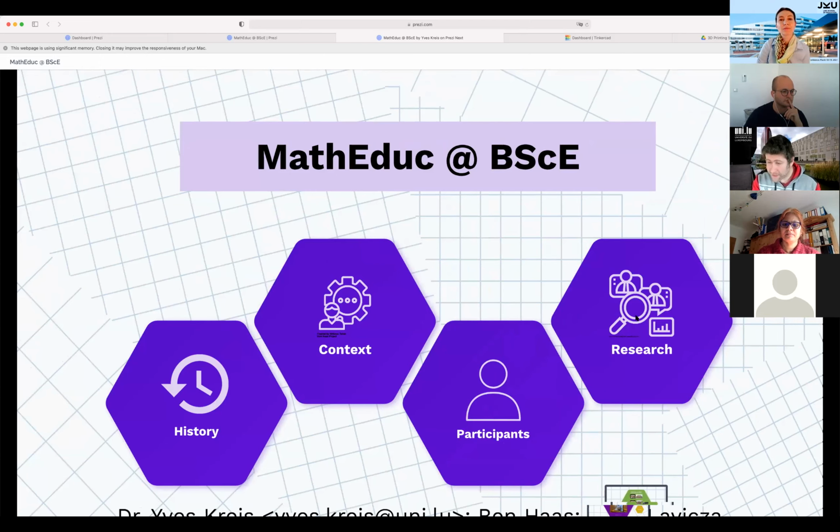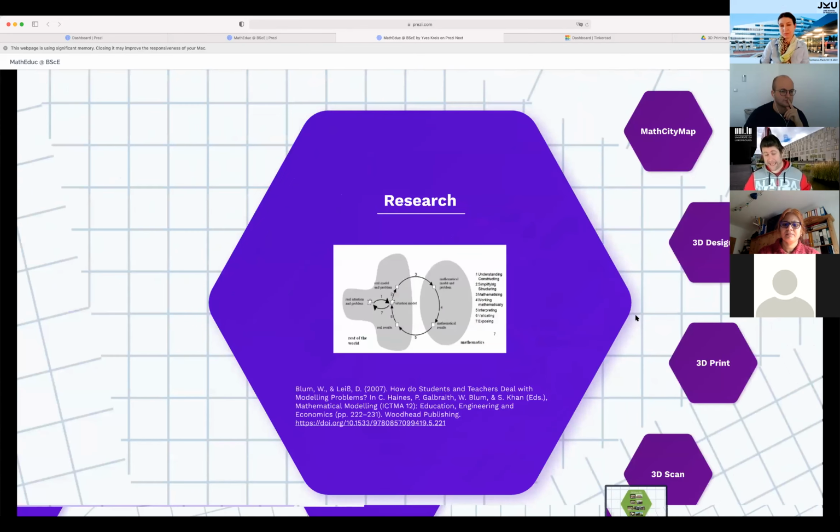So we are doing a lot of research with these students, and we are basing a lot of our research on Blum and Leiss's modeling diagram. We are trying in math education and in STEAM education to really focus on the real world.